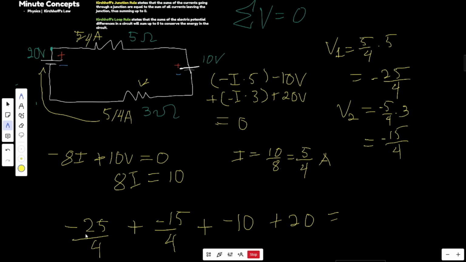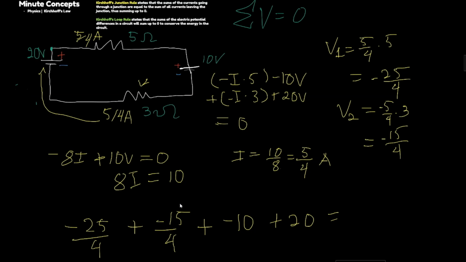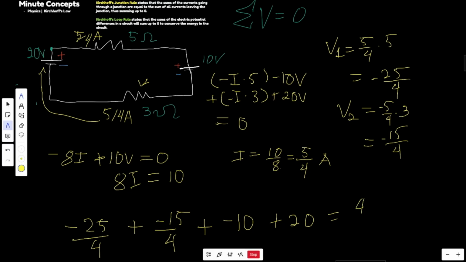Negative 25 plus negative 15 is equal to negative 40. 40 over 4, and that's equal to 10. So we're just going to turn this into 10 now. Negative 10 plus negative 10 plus 20 is equal to 0 volts. And that's how we know that Kirchhoff's rule works.